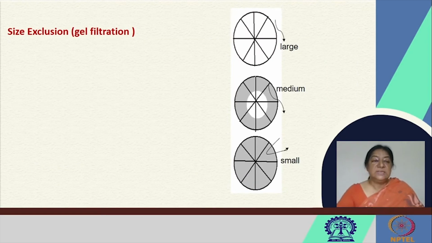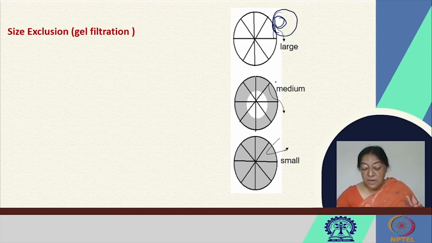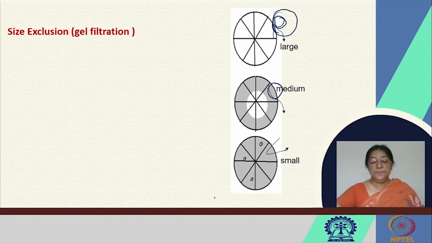So, in this size exclusion or gel filtration chromatography, if this is a schematic of our bead, we realize that a large molecule will not be able to enter the bead. A medium-sized molecule may partially enter the bead, but a smaller sized molecule will definitely enter the bead.